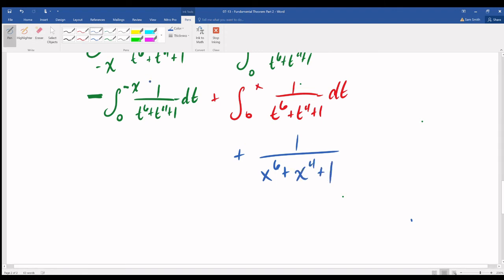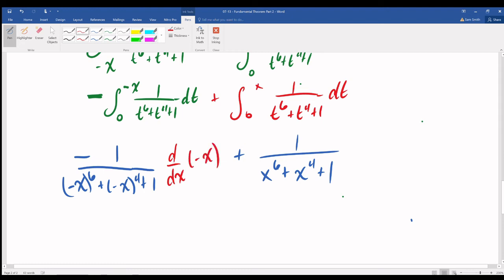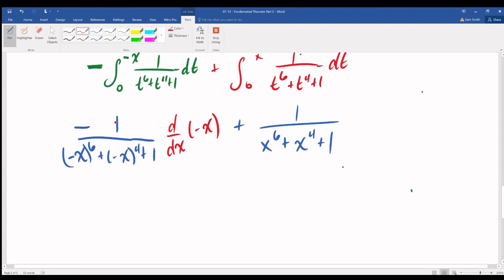Now for the left integral, we'll have to use the same trick that we did in the previous example. Put in the top function in the position of t, but then, because of the chain rule, don't forget to multiply by the derivative of the upper limit, the upper function. So, as a result, we get -1 times -1, the derivative of negative x.